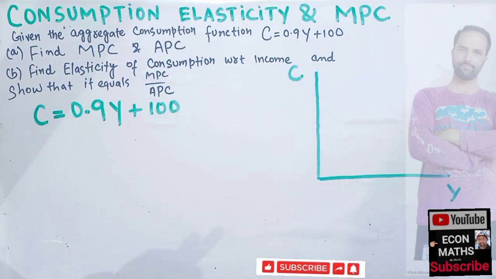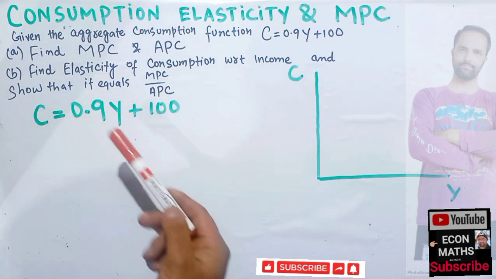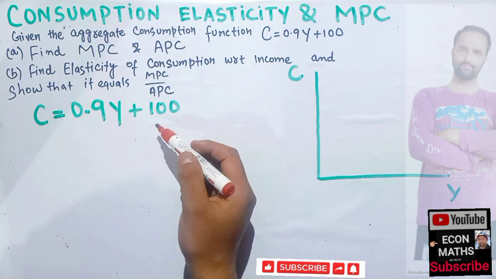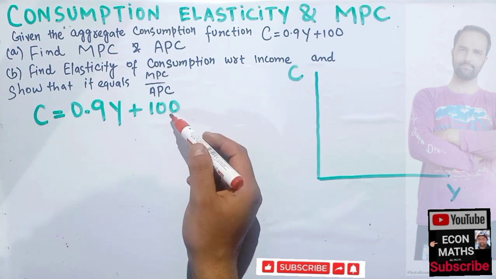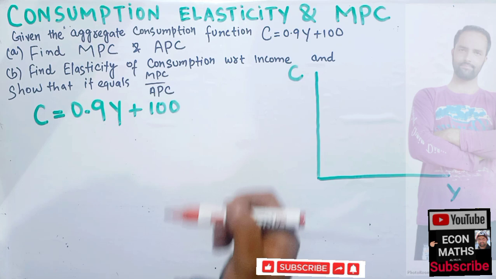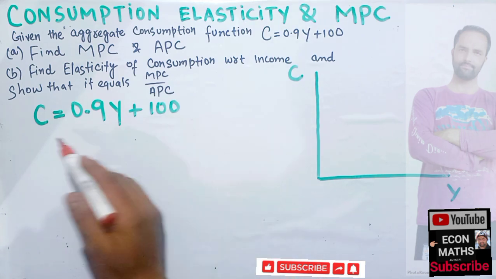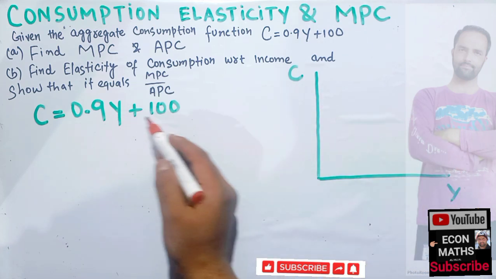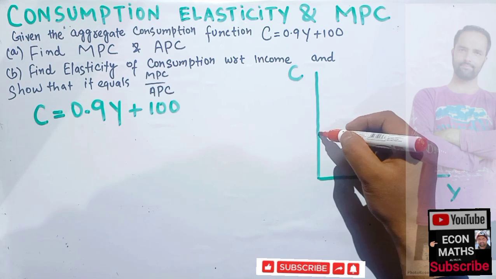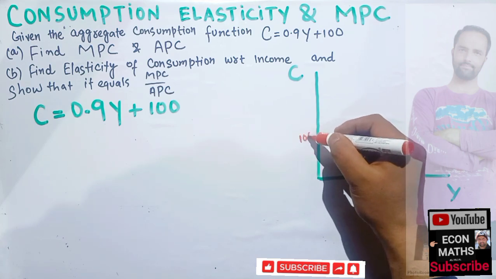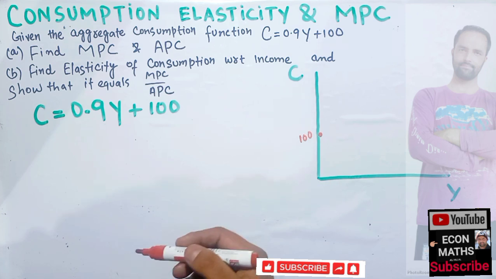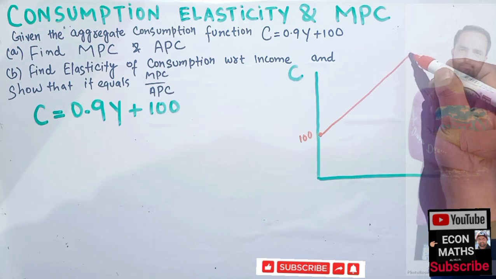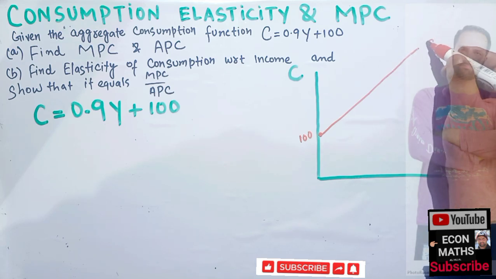It simply tells us that consumption depends upon income, and this 100 is our autonomous consumption, that very consumption which does not depend upon the level of income. That means if this is our consumption function, its intercept will be 100. When income is 0, our consumption will be 100. Let us say this is 100 and 0.9 is the slope of this consumption function. This is our consumption function.